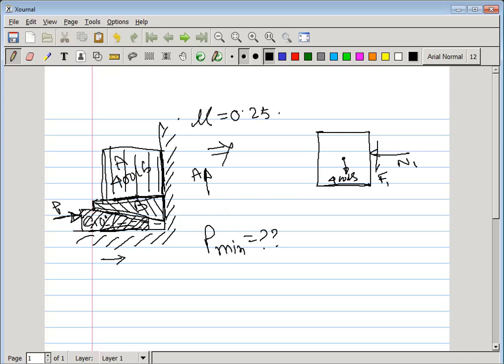There is no friction between these two, so we can consider block A and block B as a single entity. Block B is not movable, and only block A moves in the upward direction. So there is no friction between block A and block B.